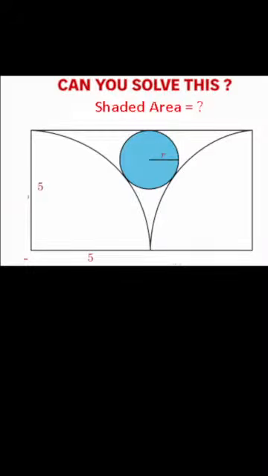Sheila is saying we can use the same approach. You can use the same approach, but I need the answer right now, guys. Pinky is saying 25 plus 5 minus r square is equal to 5 plus r square. Okay. So what is the value of r? What value of r are we going to get from this?